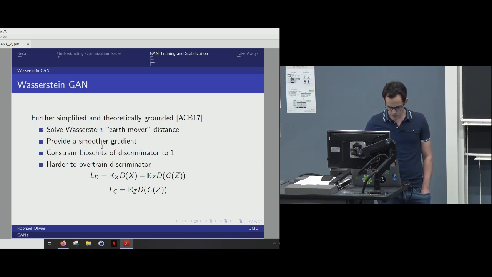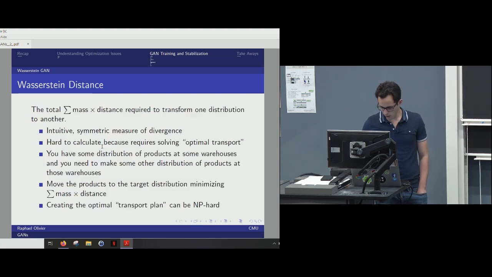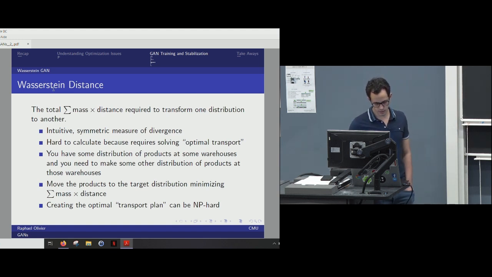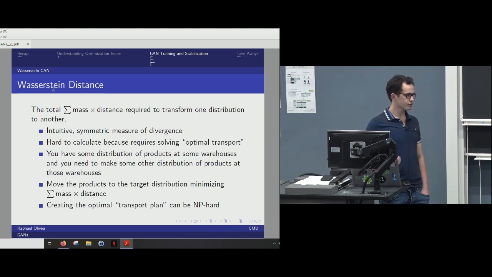So that might seem weird. We're gonna see how this is actually pretty theoretically grounded. So the Wasserstein distance is a divergence between two distributions that computes basically the cost of what you'd have to do if you wanted to transform one distribution to another.